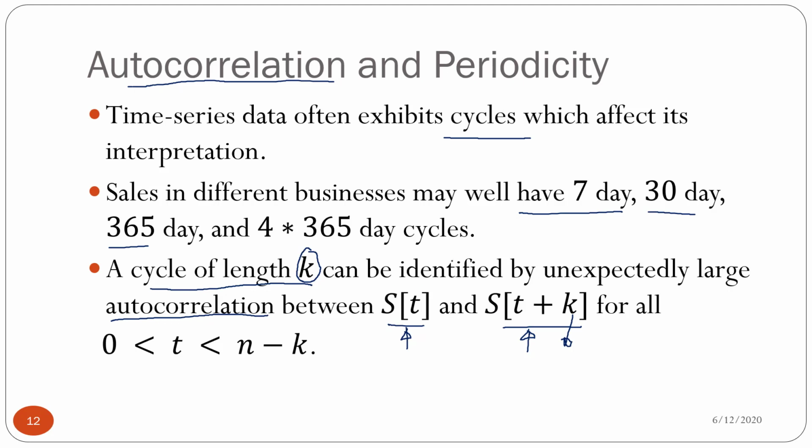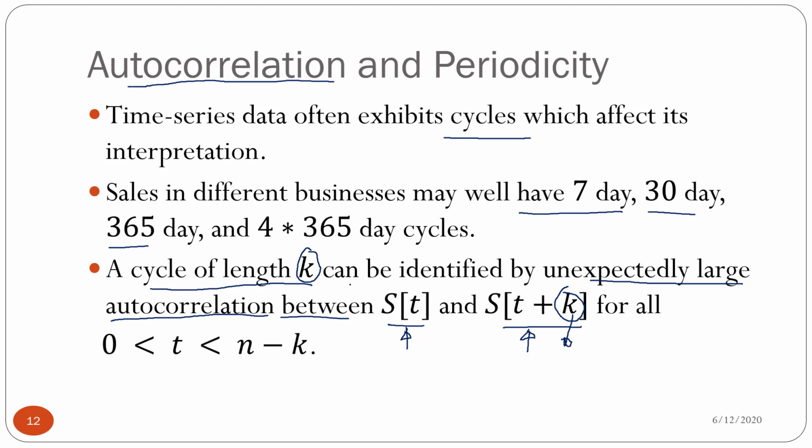All right. So how will that happen? If you are arbitrarily taking points and taking different values of k, and you're finding out autocorrelation, then you will find a large autocorrelation only when you have a reasonable value of k. Alright, so that's the point.